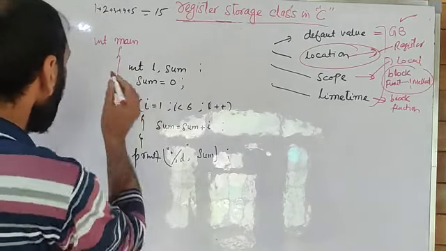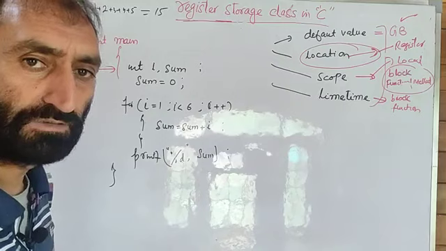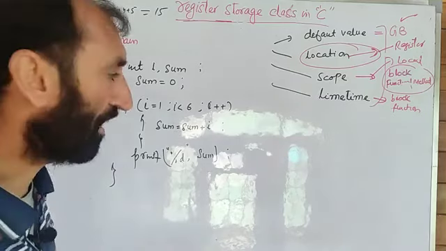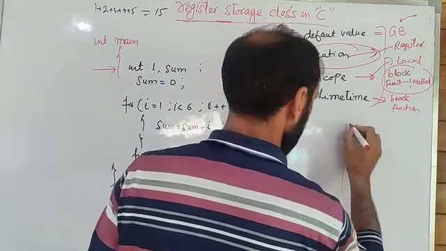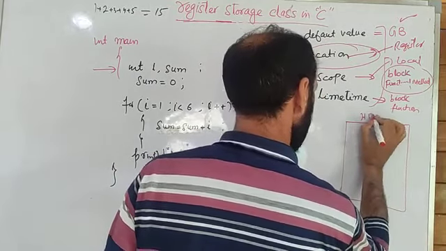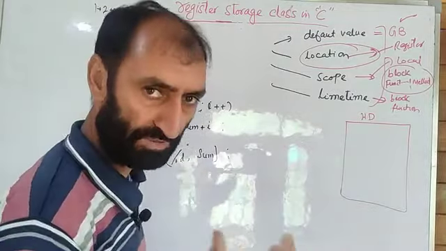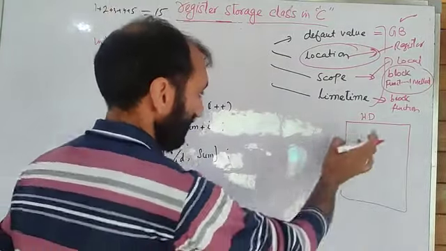We know that whenever we write a program and save it, it is in the hard disk. For example, this program, which will print the sum of numbers, is in the hard disk.